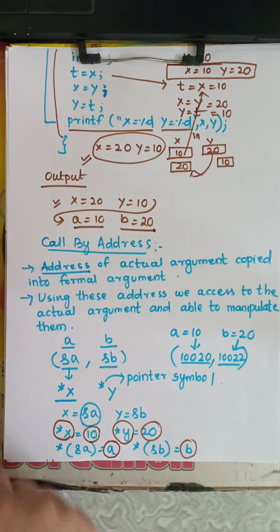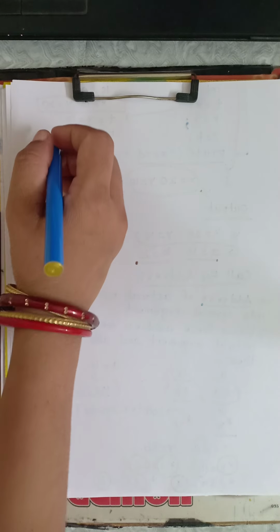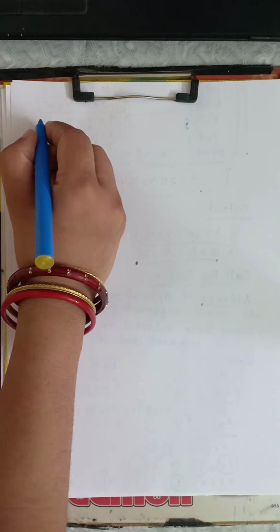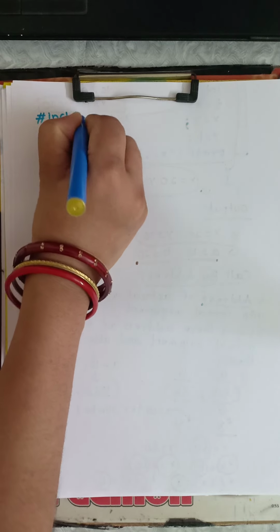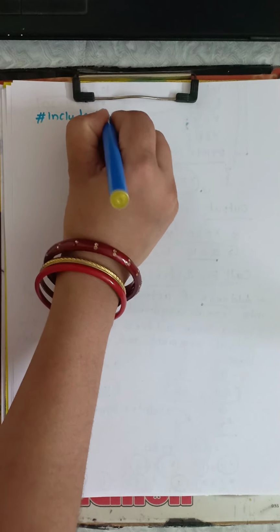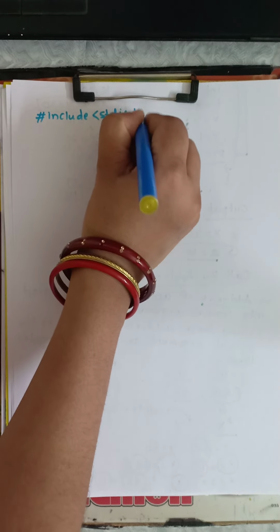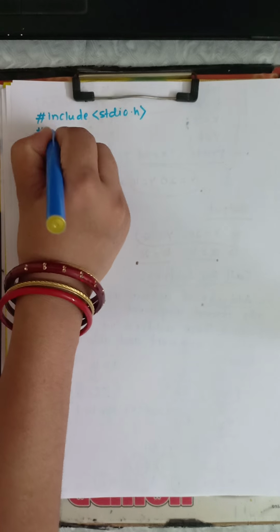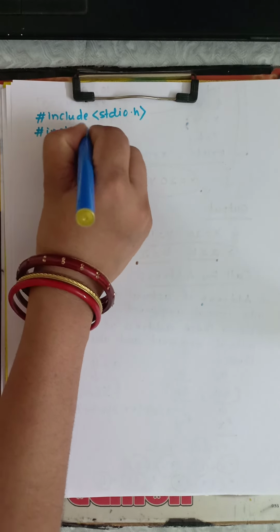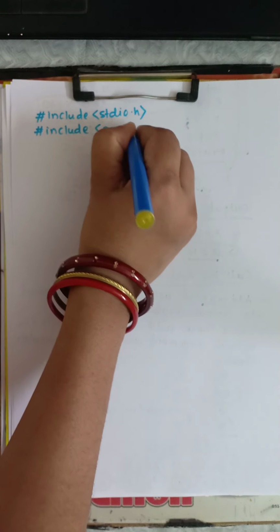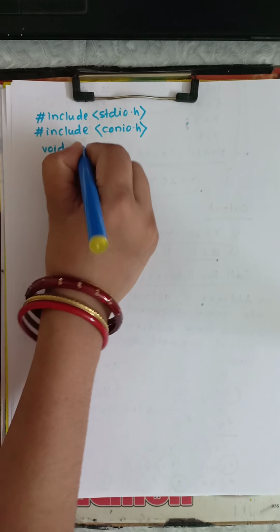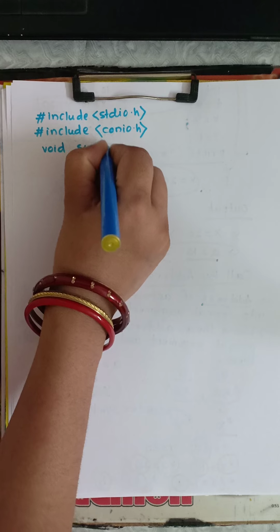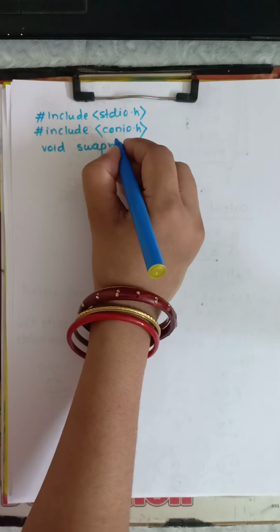Okay, so now we are passing the address in our program. We write the same program here, only using the call by address technique. We use the header file here. Now I declare void swap, call by address.